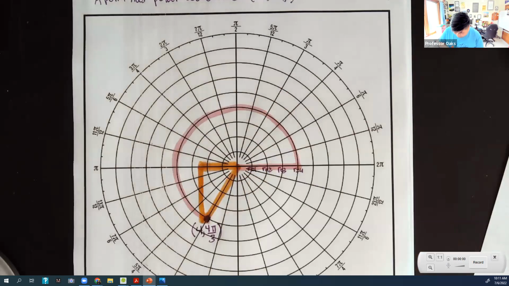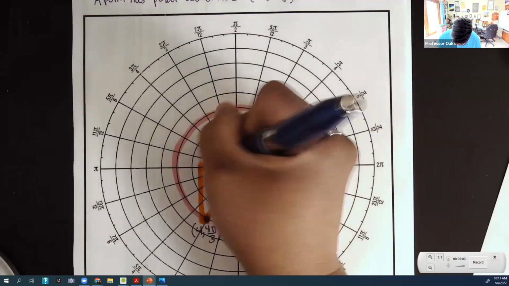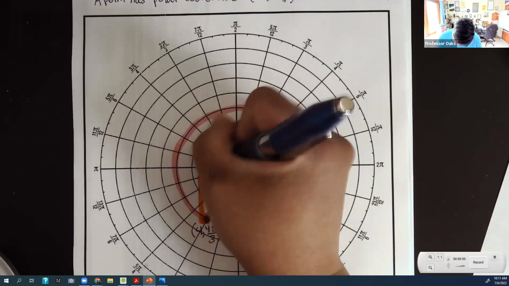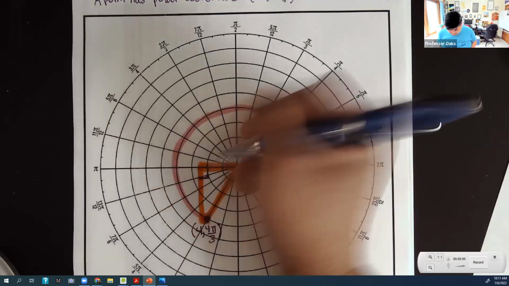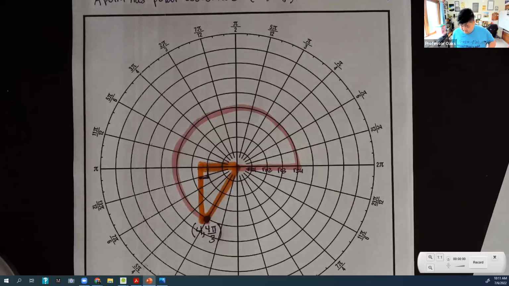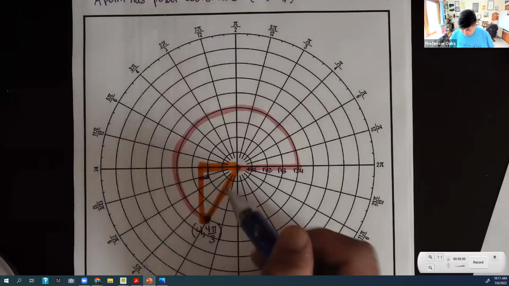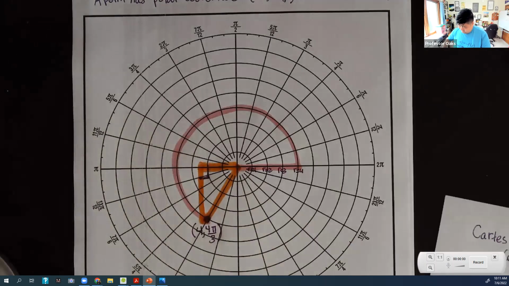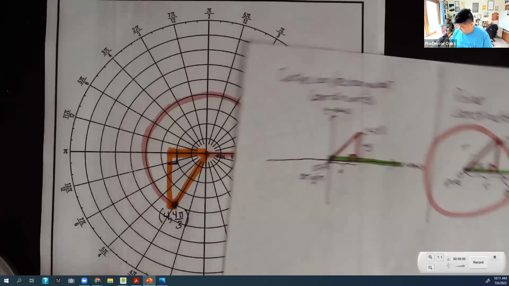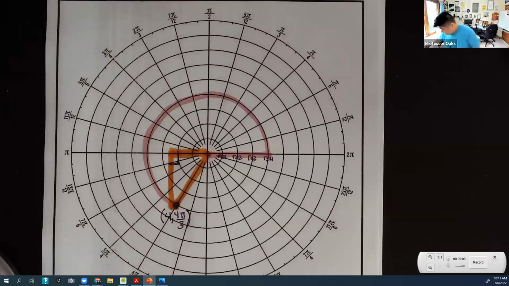So you draw the reference triangle just like before.